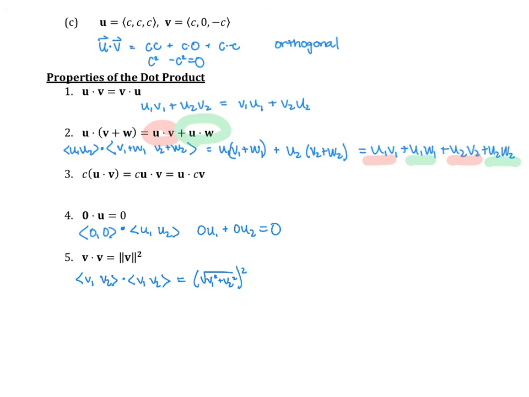Doing the dot product on the left-hand side, we get v1 squared plus v2 squared. And simplifying the right-hand side, I get v1 squared plus v2 squared. So those are our properties of dot products.